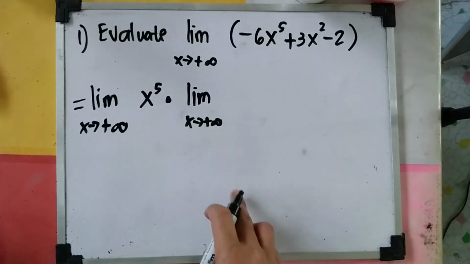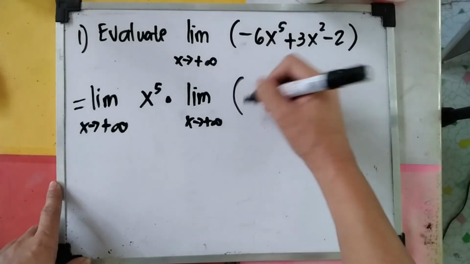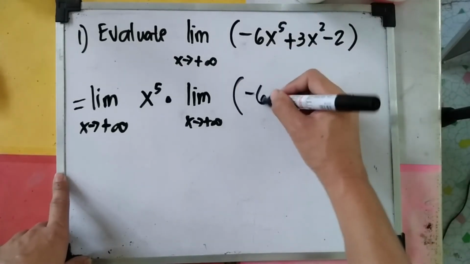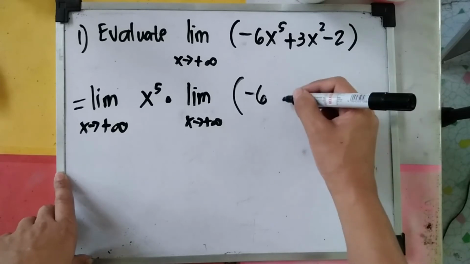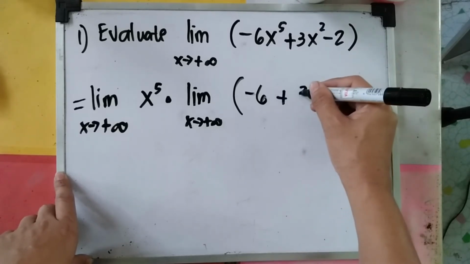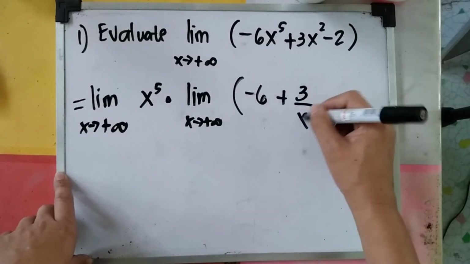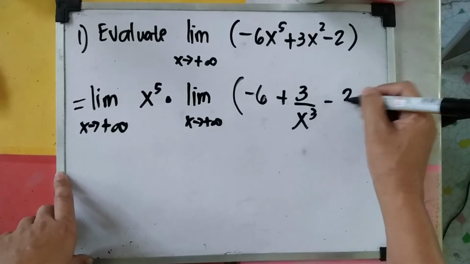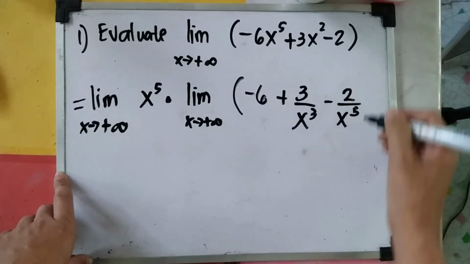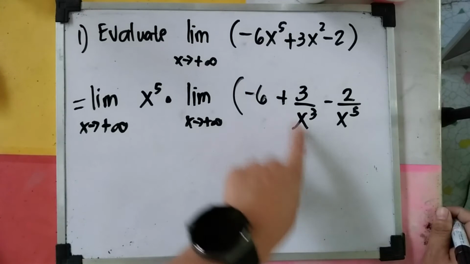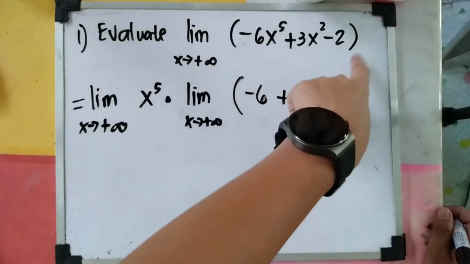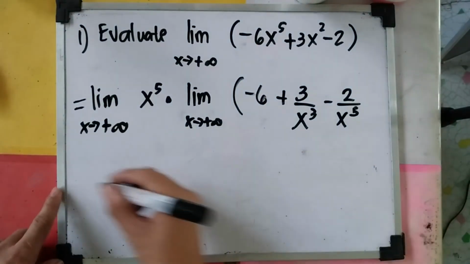After that, ano na lang ang naiwan class? Negative 6 plus... okay, bakit ano nangyari dyan? Divide ng x to the 5th, x to the 5th, x to the 5th. Okay?